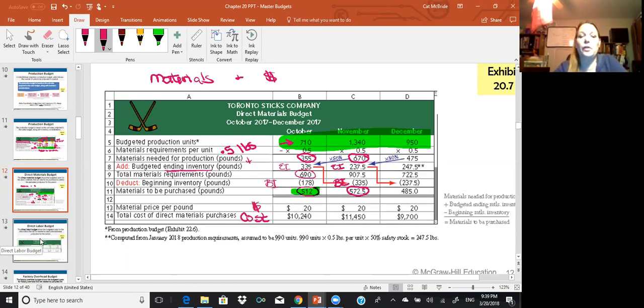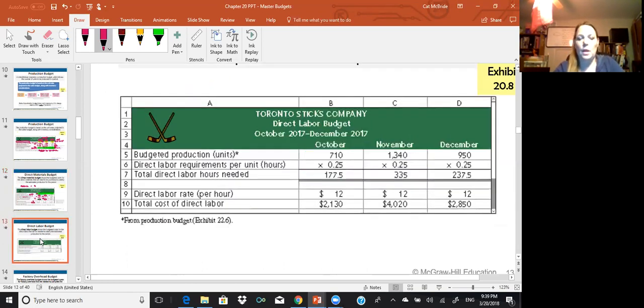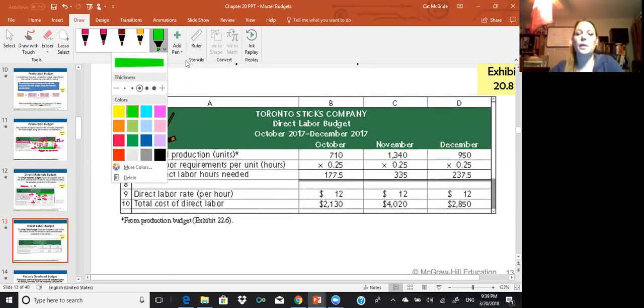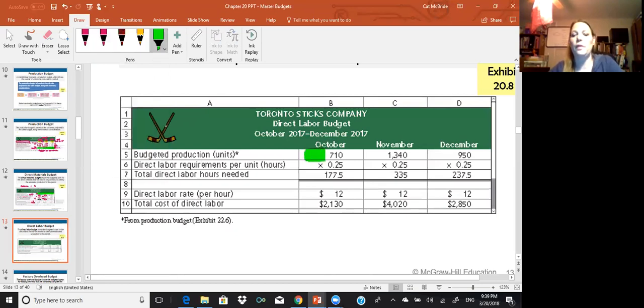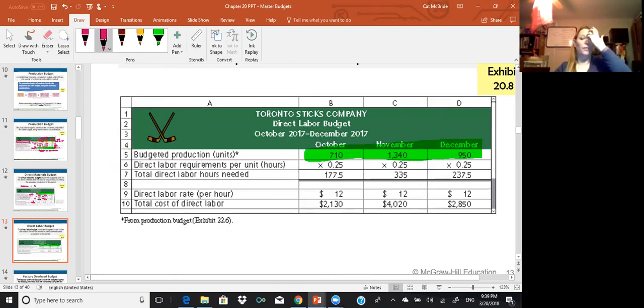Now the next thing we're going to do is say, okay, to make these units, what do I have to do for labor? So here we are back with, these numbers should look familiar. We know how many units we're going to produce: 710, 1340, and 950. We know that each unit requires 15 minutes of labor.